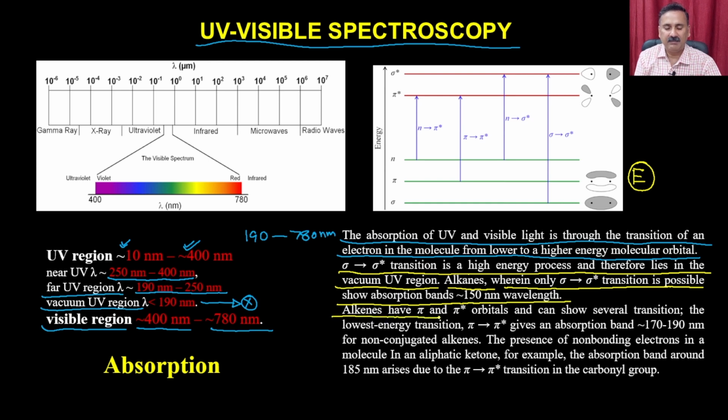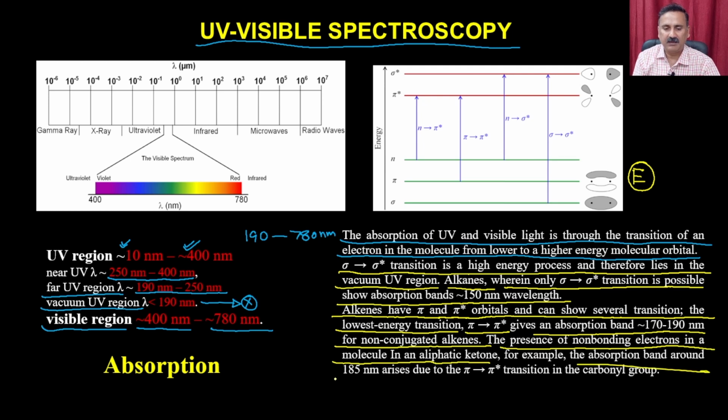Alkenes have pi to pi star orbitals and can show several transitions. The lowest energy transition is the pi to pi star, giving an absorption band around 170 to 190 nanometer for non-conjugated alkenes. The presence of a non-bonding electron in a molecule, for example in a ketone, gives an absorption band at 150 nanometer arising from the pi to pi star transition in the carbonyl bond.